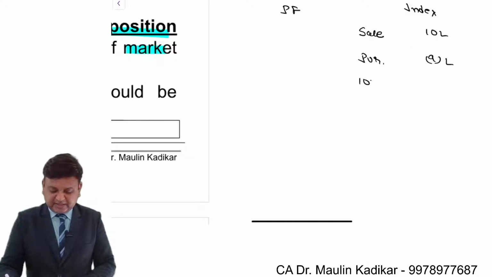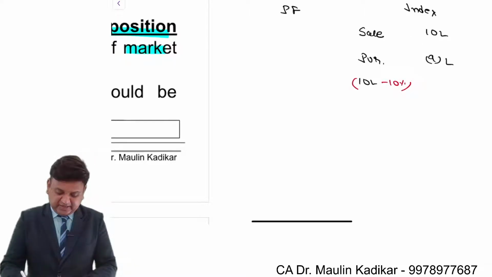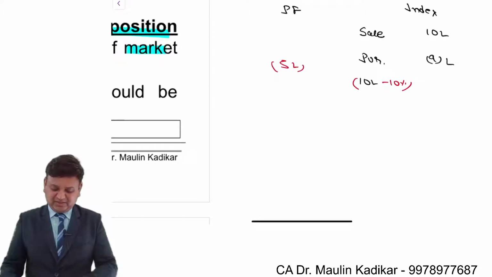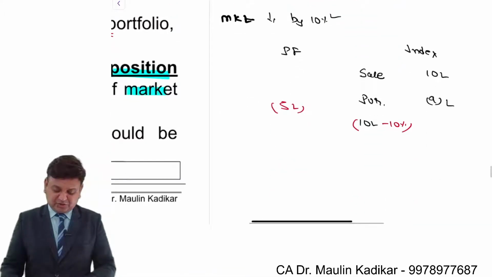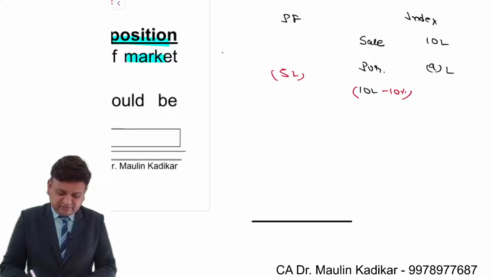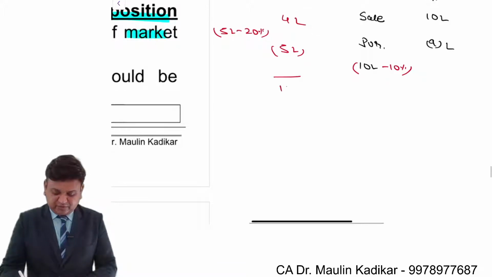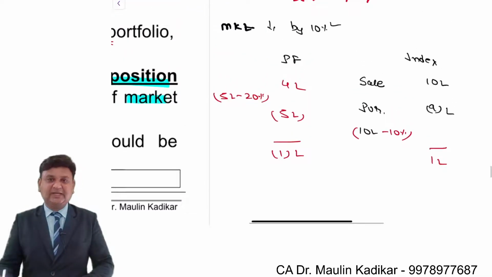Why? Because the market has fallen by 10%, so 10 lakhs minus 10%. Now my portfolio had a value of 5 lakhs. Now it will reduce by 20%, because the market has fallen by 10%. So the revised value will be 5 lakhs minus 20%, so it will be 4 lakhs. So whatever loss I have from my existing portfolio, of 1 lakh, will be compensated with the profit in the index of rupees 1 lakh.